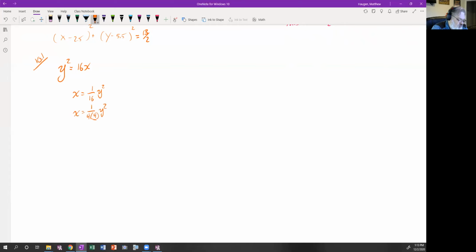And that's where the 4 is coming from that you're getting, right? But why would it be a negative? Because this parabola opens that way, right? That positive 4 is the distance to the focus of 4. The directrix is that way.